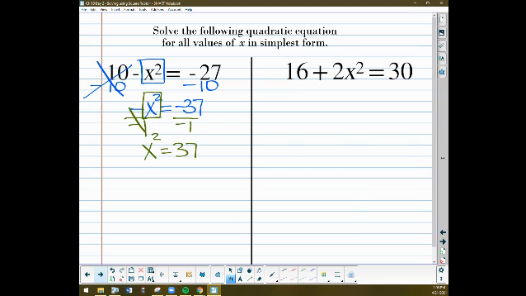Now I think about, are there any perfect squares that go into 37? Okay. Does 36 go into 37? No. Does 25 go into, oh, I guess, sorry. I forgot, we got to take the square root of both sides.